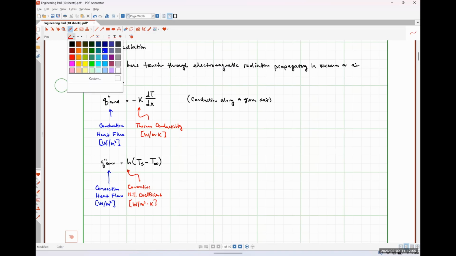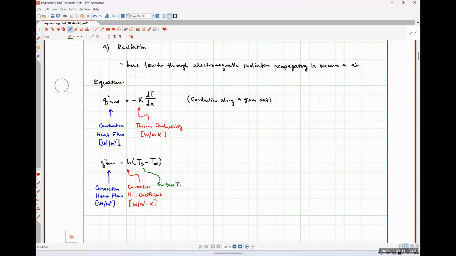And then TS is our surface temperature. T infinity is our fluid temperature.